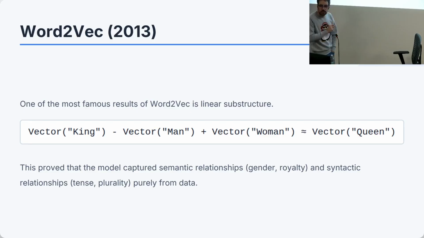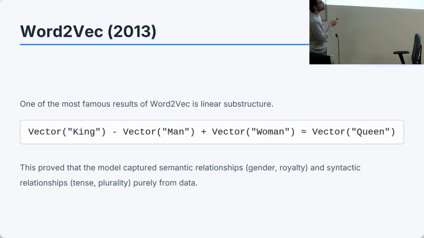If we check what's the most similar word to the vector that we obtain, the word that we get back is queen, which makes incredible sense, right? The king is a male human being, I don't know, head of a government.